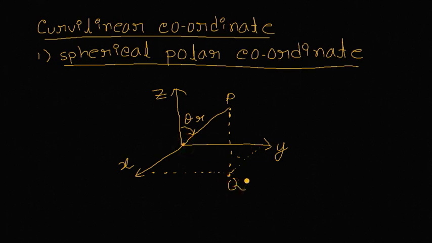Now we connect this point Q and the origin, and this line makes an angle with the x-axis which is called phi.